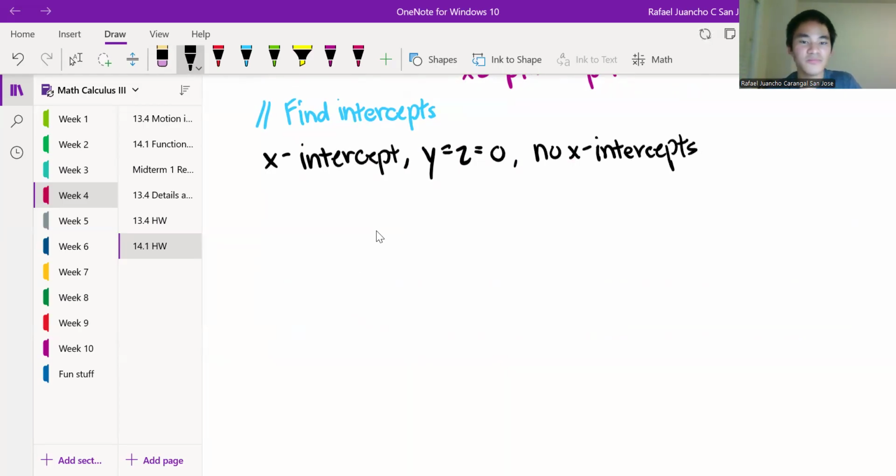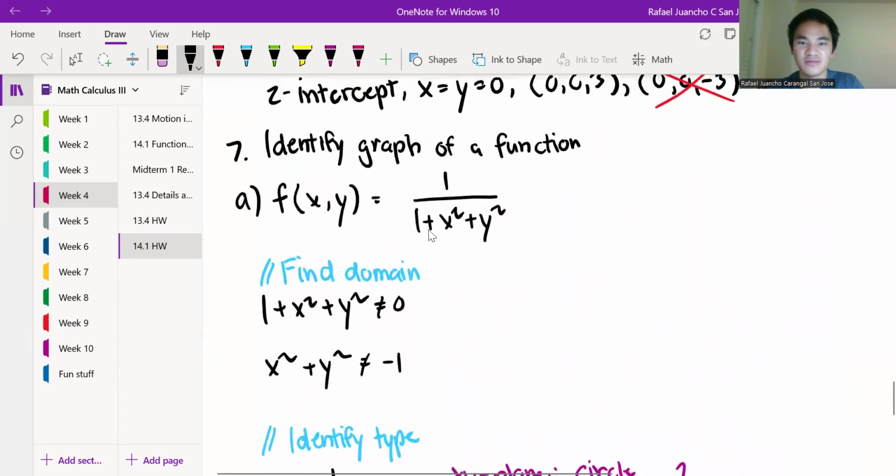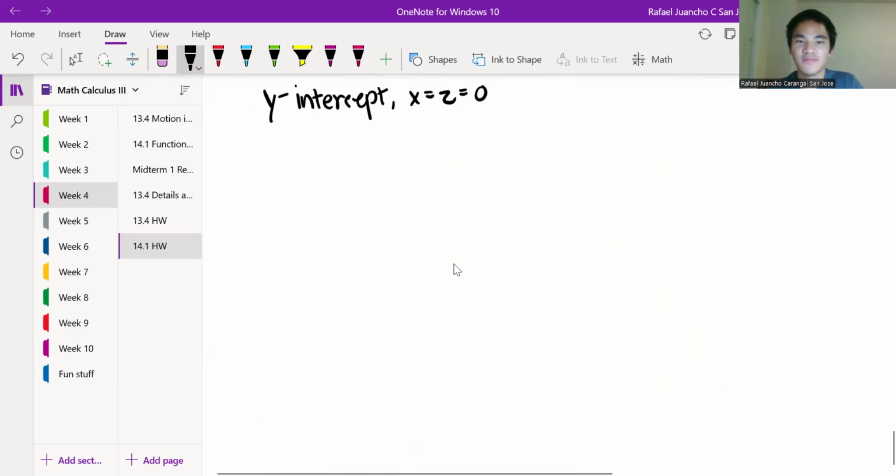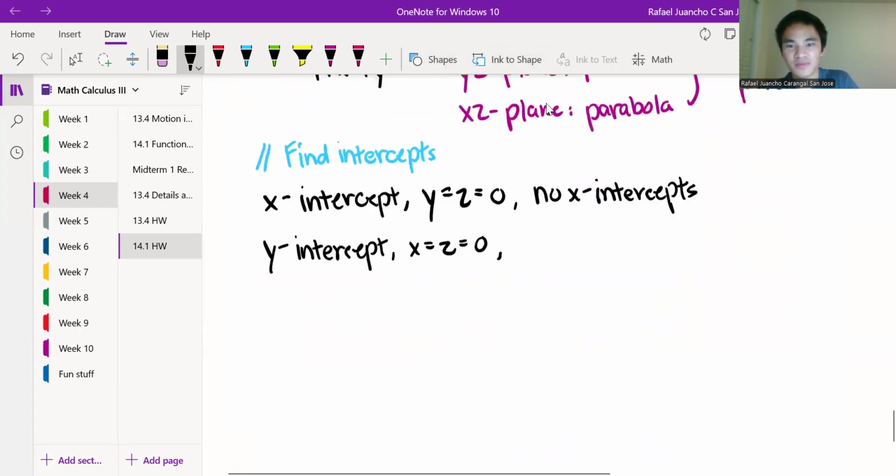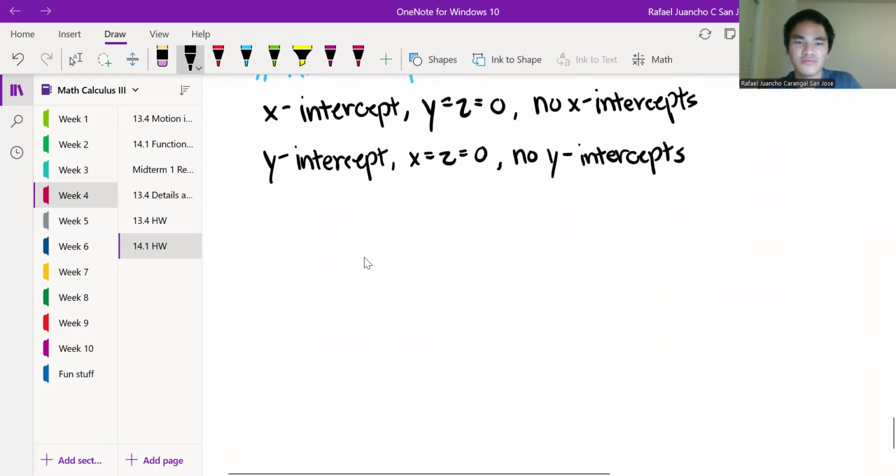So that's one thing. Now, if we do my y, then that means my x and my z are both 0, and it's the same idea. I get the same thing. So that means I have no y-intercepts, which is interesting.